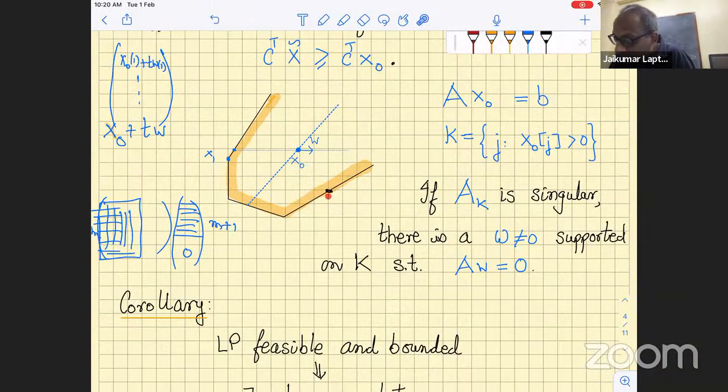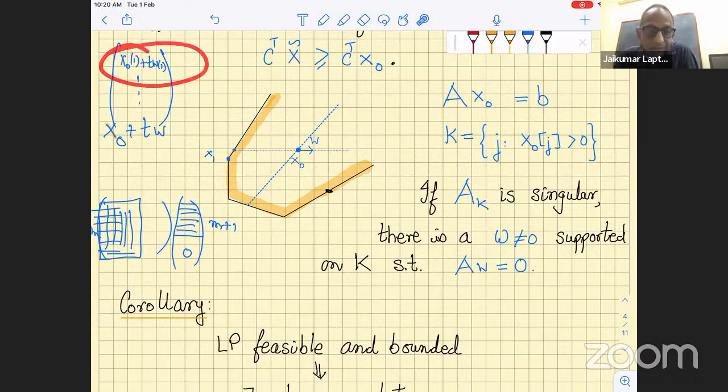Now it can be that your objective function was pointing in this direction, and then this W actually reduces the objective function. So we work with the negative of that W. When we do, we ask, is there a point at which we become infeasible?